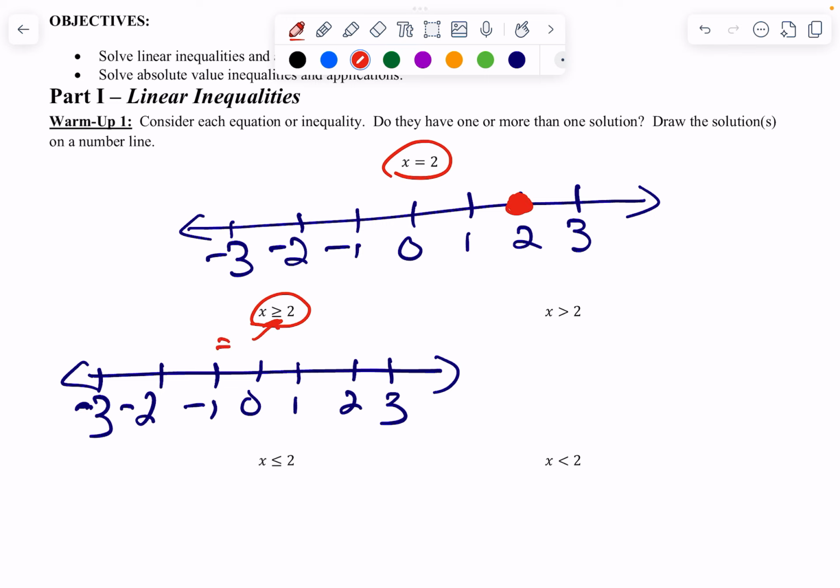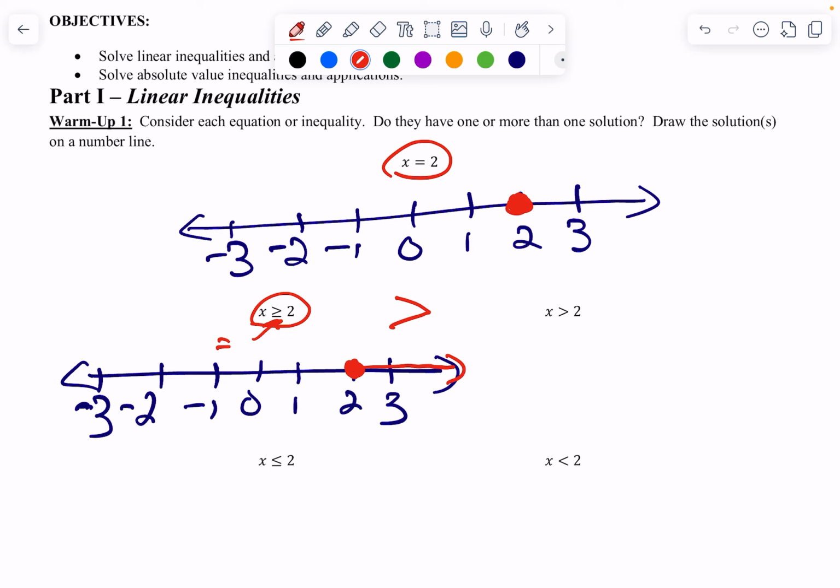So it is again going to be a closed, so a shaded in dot. The inequality sign is greater than, which if you look at the sign, it's pointing towards the right. So yes, we are going towards the right because that's where the greater numbers are, 3, 4, and so on.